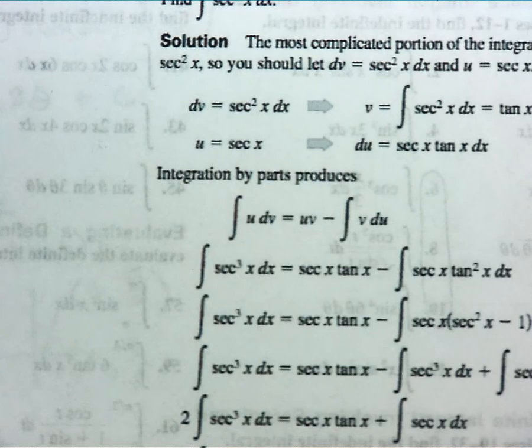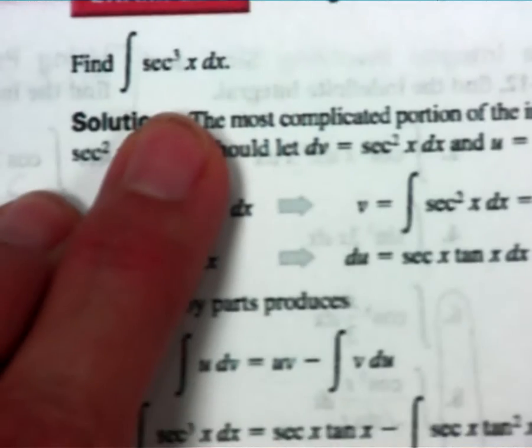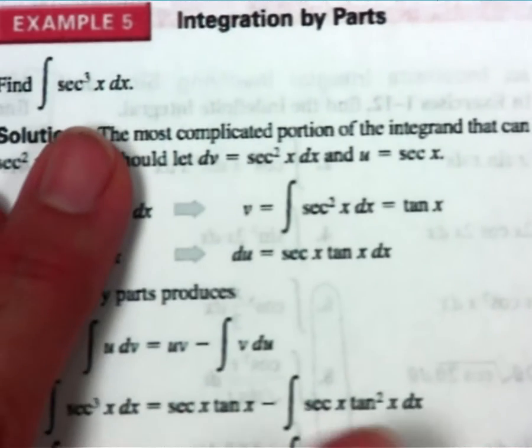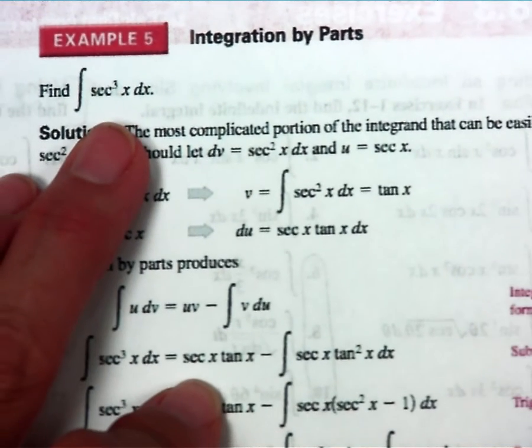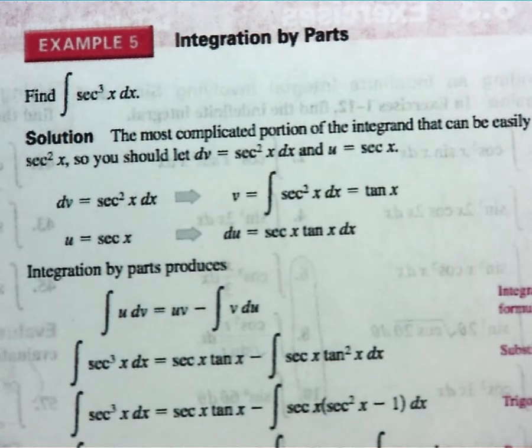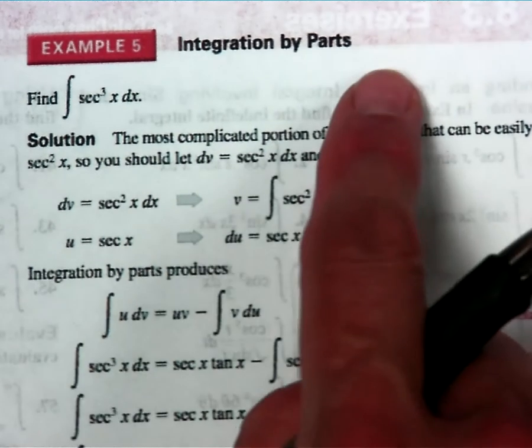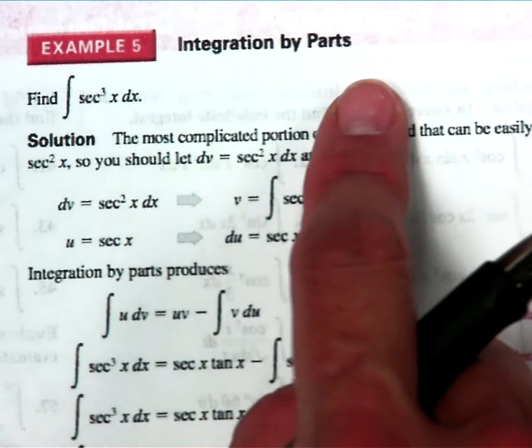Because example 5 in the old edition was secant cubed. I did say example 5 in section 8.2.